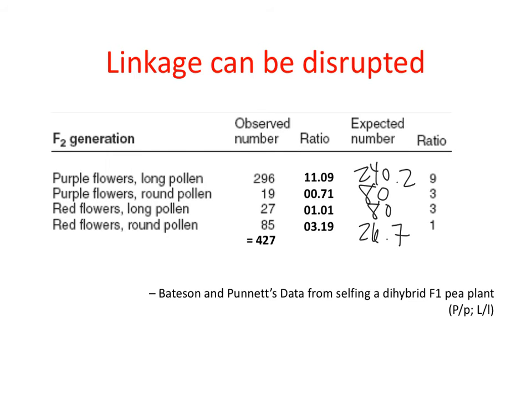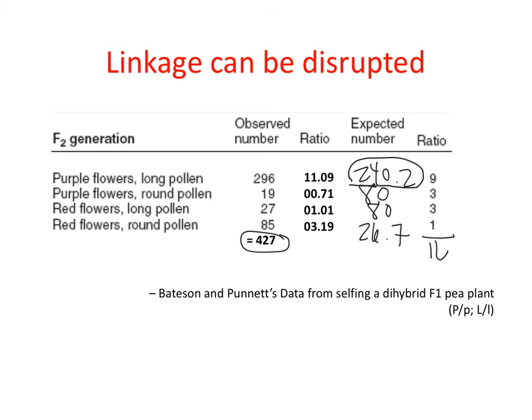So if we have 427 individuals, I just want to make sure we're all on the same page doing this calculation. 427 individuals, how do we calculate 240.2? With the ratio.